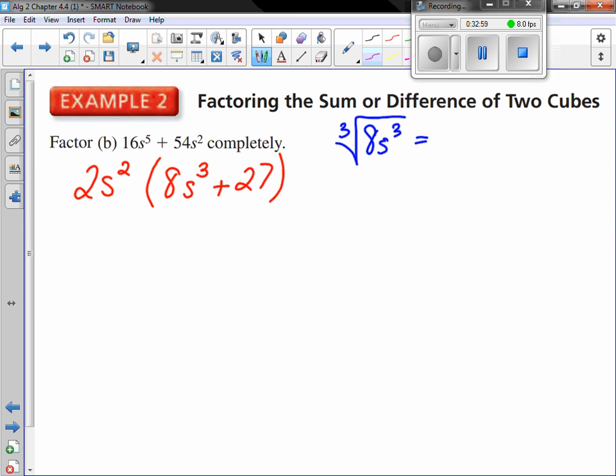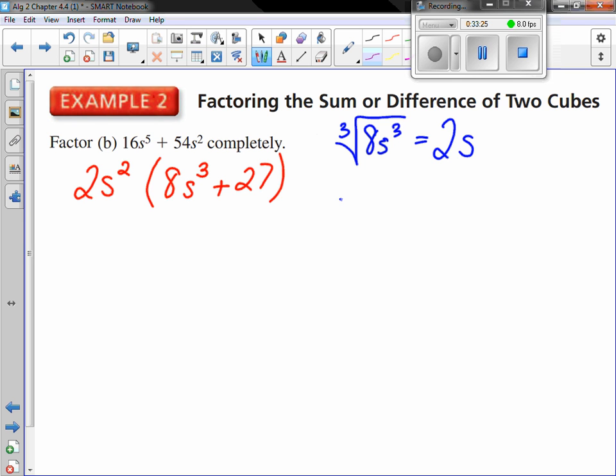Can I take the cubed root of 8? It is 2, yes? Because 2 times 2 times 2 is 8.